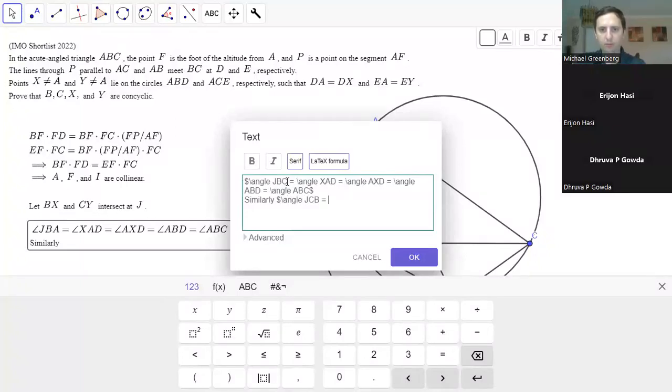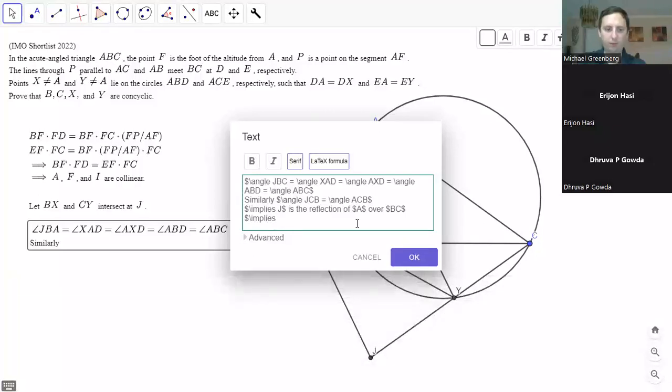JCB is equal to angle ACB, and that implies J is the reflection of A over BC, which implies A, F, and J are collinear.